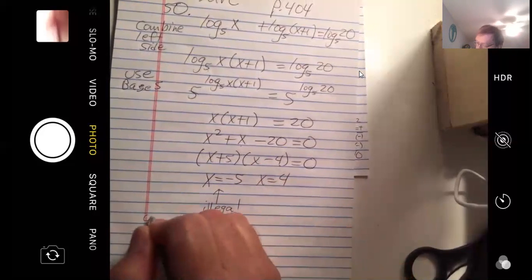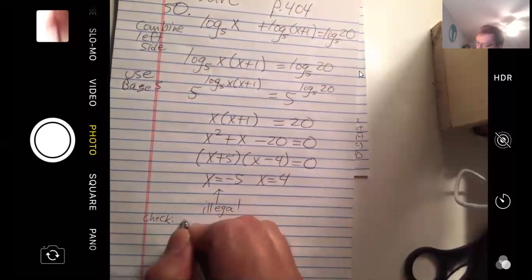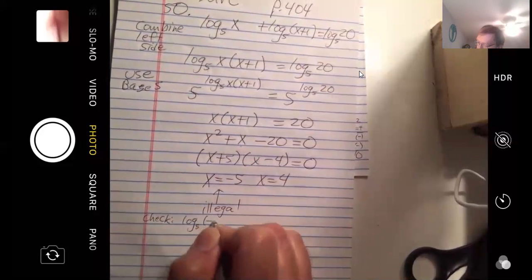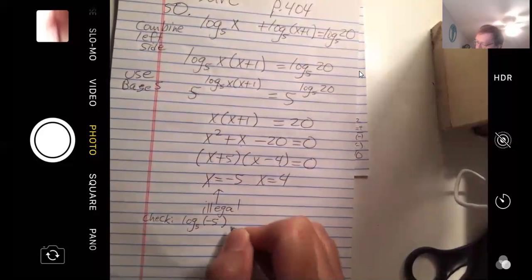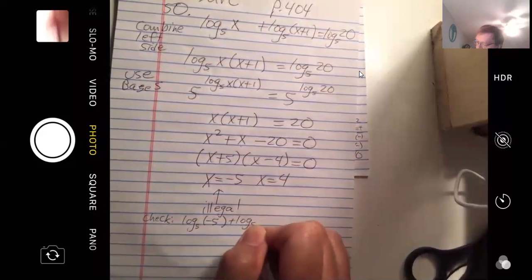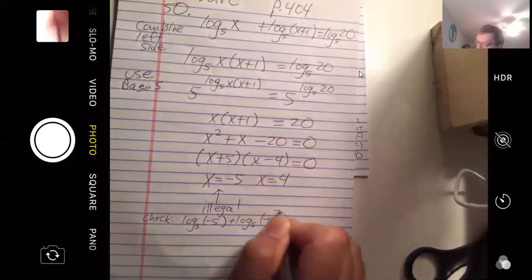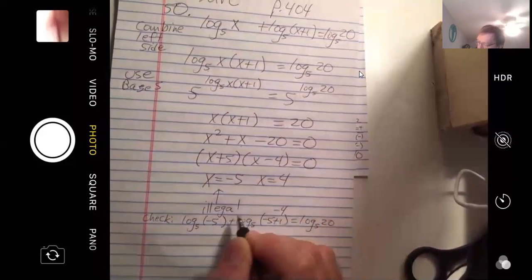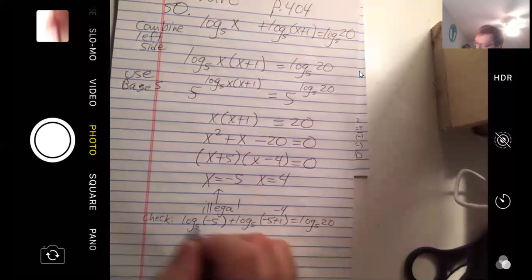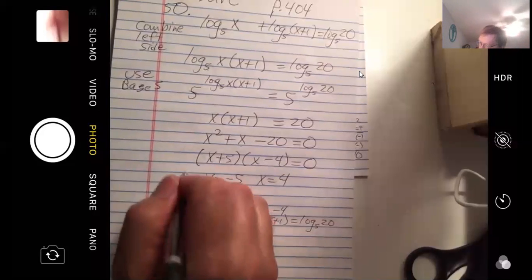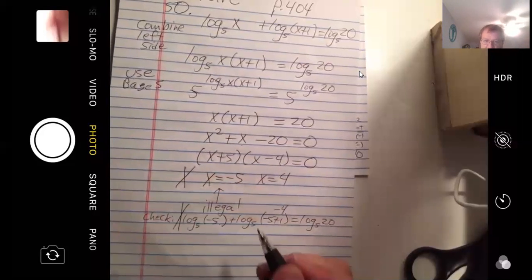You'd have a log for the check: log base 5 of negative 5, plus log base 5 of negative 5 add 1, which is negative 4. You cannot put negative numbers into logs. It's out of their domain.